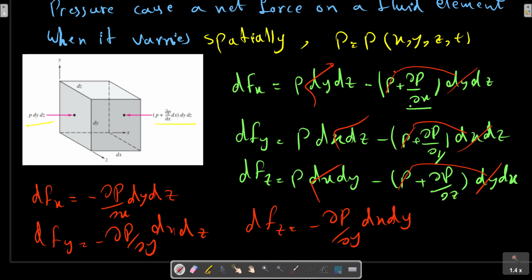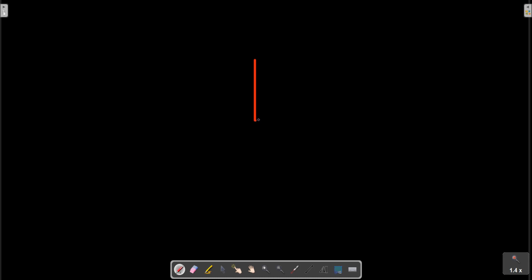This expression can be written in a vector form as this.